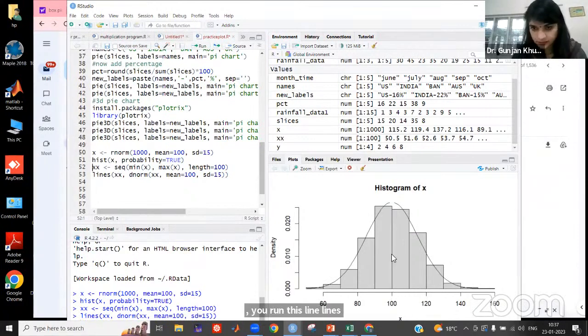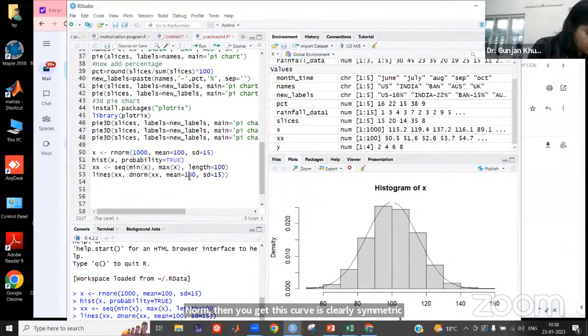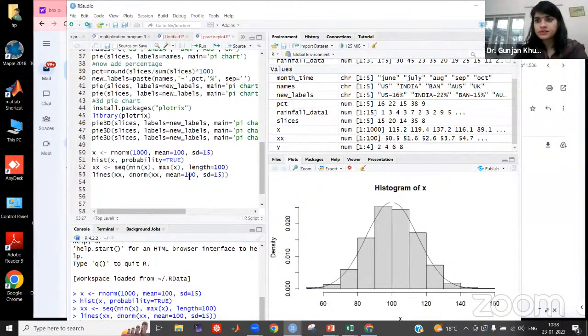Can you see that? So these are 100 random numbers plotted and they follow normal distribution. It's clear from the graph, right?